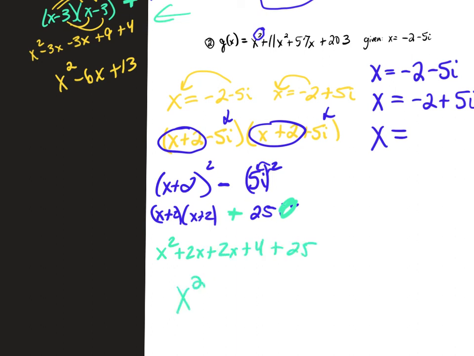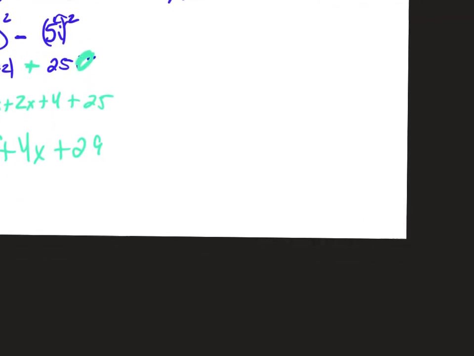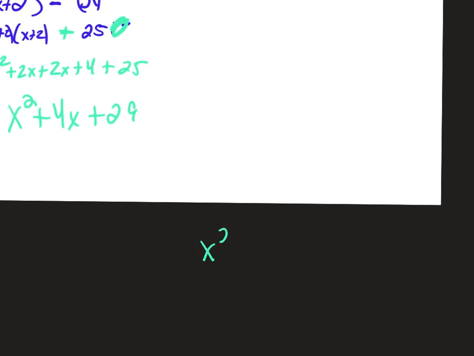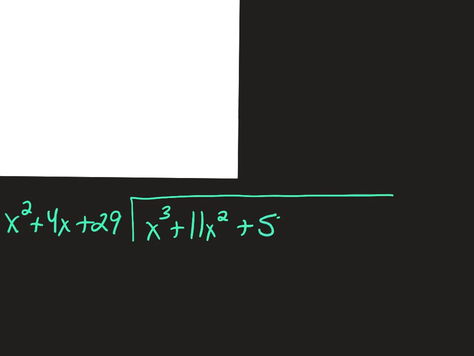So we have x squared plus 4x plus 29. So now I'm going to divide x squared plus 4x plus 29 into my original polynomial, which is x cubed plus 11x squared plus 57x plus 203.